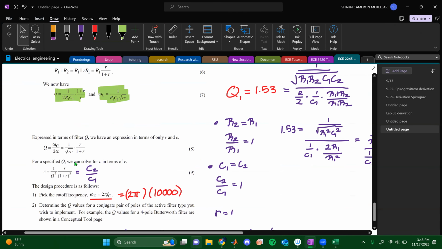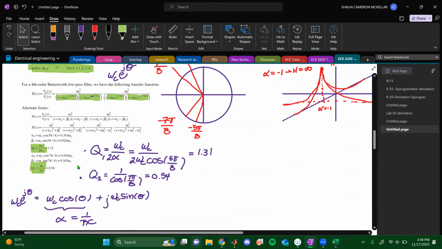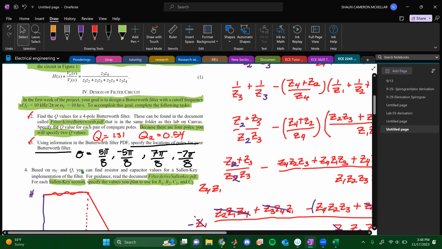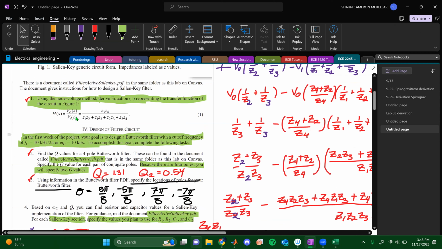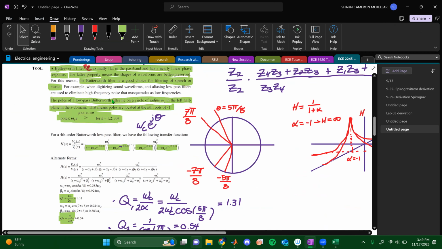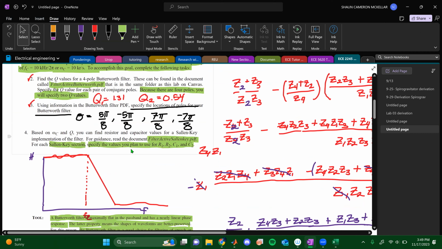Okay, so I think that gets us through more or less all of the things that are asked for in week 1. Let's just review that real quick. We were asked to find H, we solved for H. We were asked to find the Q values and the locations of the poles. And we were asked to find R1, R2, C1, and C2.